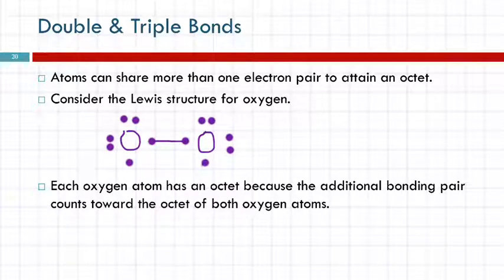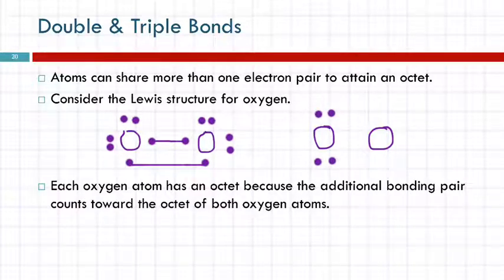So they could also share another pair of electrons. So that's a little difficult to look at. So let's draw it a little differently. They're sharing 2 pairs of electrons.